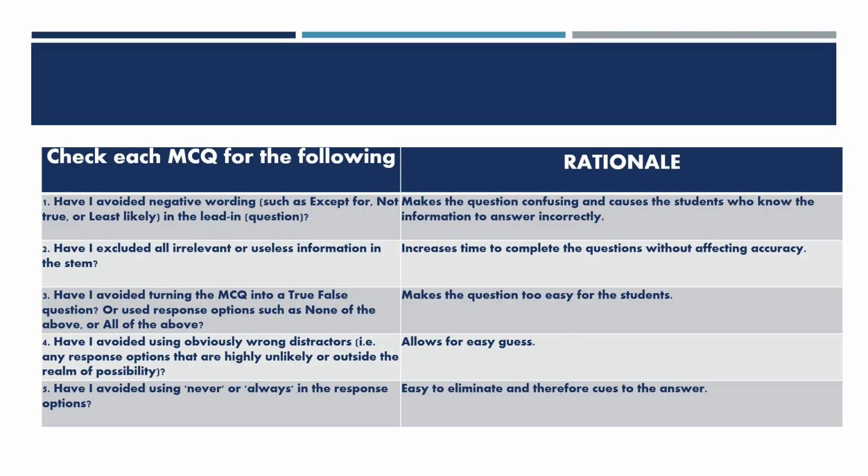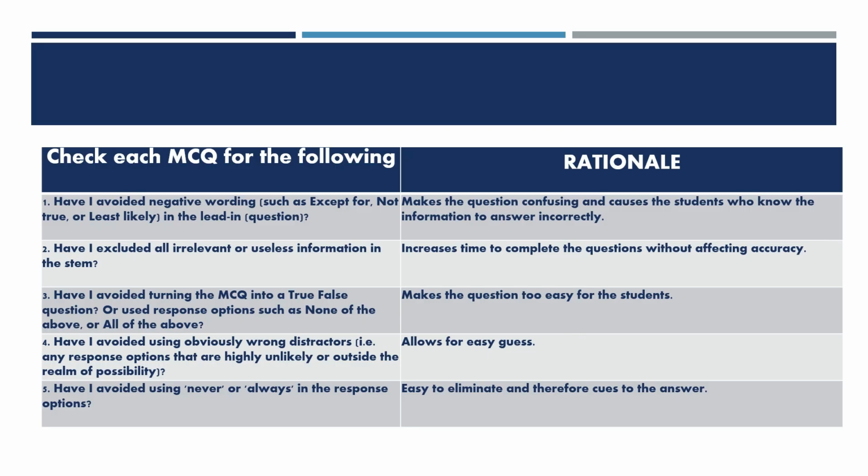So every time you frame an MCQ, ask yourself these questions. First, have I avoided negative wording such as except or not in the leading question? Because it makes the question confusing and causes the students who know the information to answer incorrectly. If you have to use them, always, as I said earlier, emphasize and highlight. Second, have I excluded all irrelevant or useless information in the STEM?